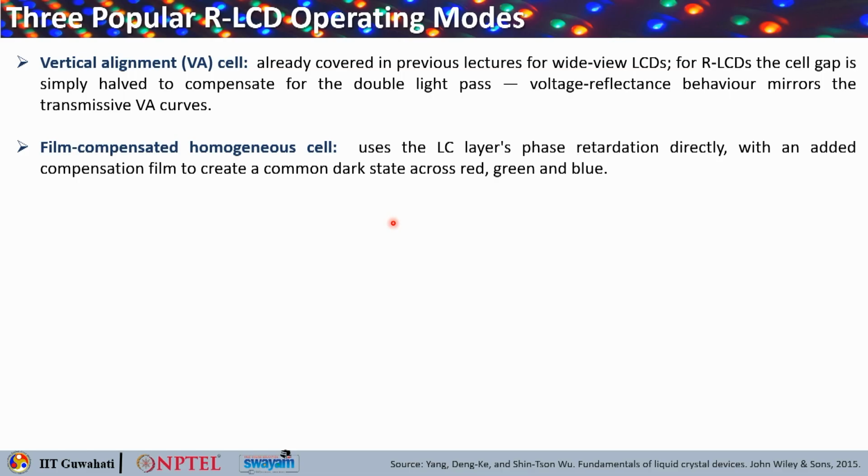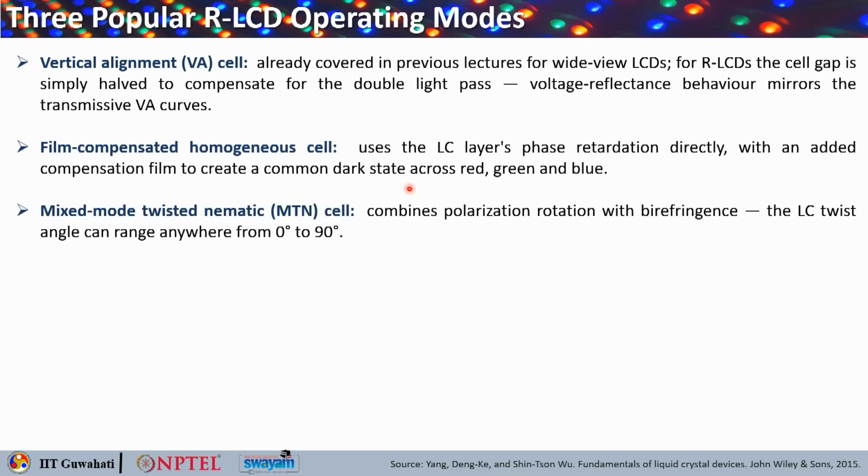Okay. Then the second one is the film compensated homogeneous cell, that basically uses the liquid crystal layer's phase retardation directly with an added compensation film to create a common dark state across red, green and blue.